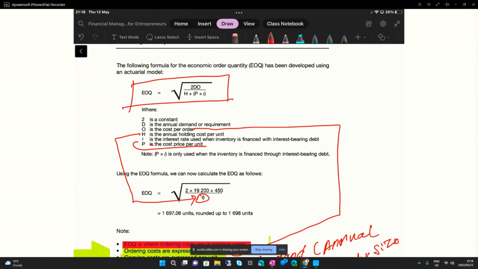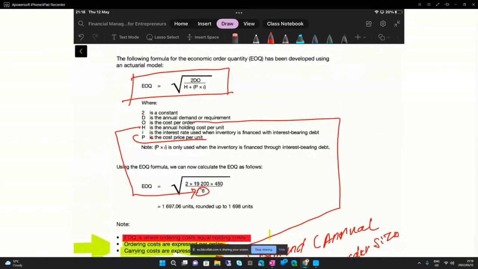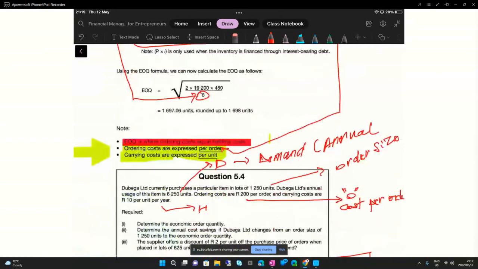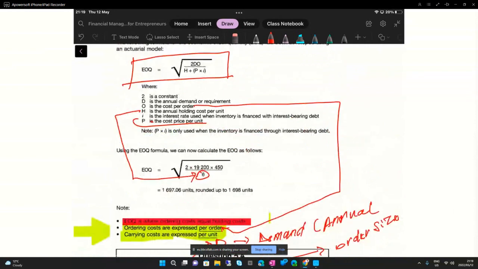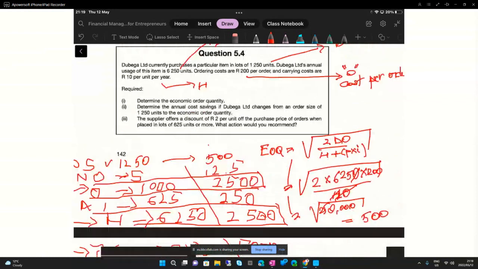So there is 2 times the demand on top, multiplied by the cost per order. Not the order size, but the cost per order, and the cost per order in this example is 450.